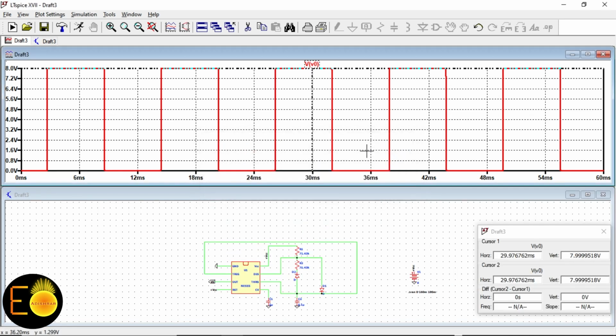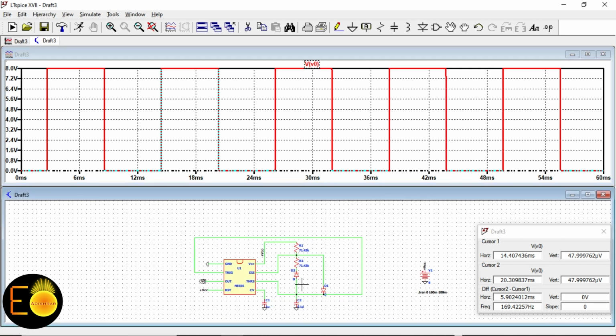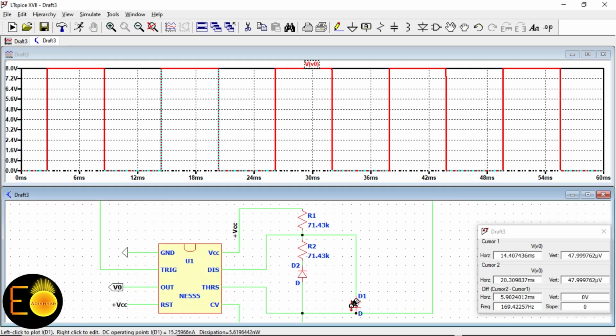So now let's see whether they are appearing according to our design or not. Look at here. Instead of having the 5 millisecond difference, I'm getting 5.9 milliseconds. So a 0.9 or a bit higher millisecond difference, almost 1 millisecond difference I'm getting, and that is due to the forward bias resistance of these two diodes.